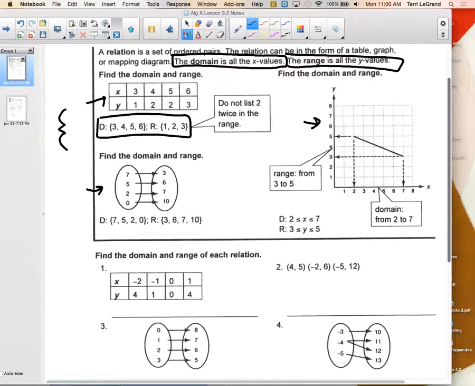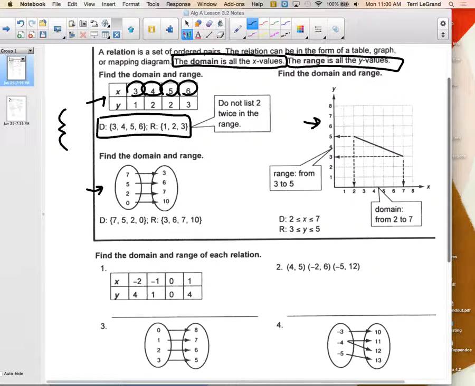So you start the set with one of our brackets, and then we list the x values, and notice in this one it says do not list 2 twice in the range. Here are our x values for the domain: 3, 4, 5, and 6. We have to list each of those to show that in the domain you can have an x value of 3, 4, 5, and 6.